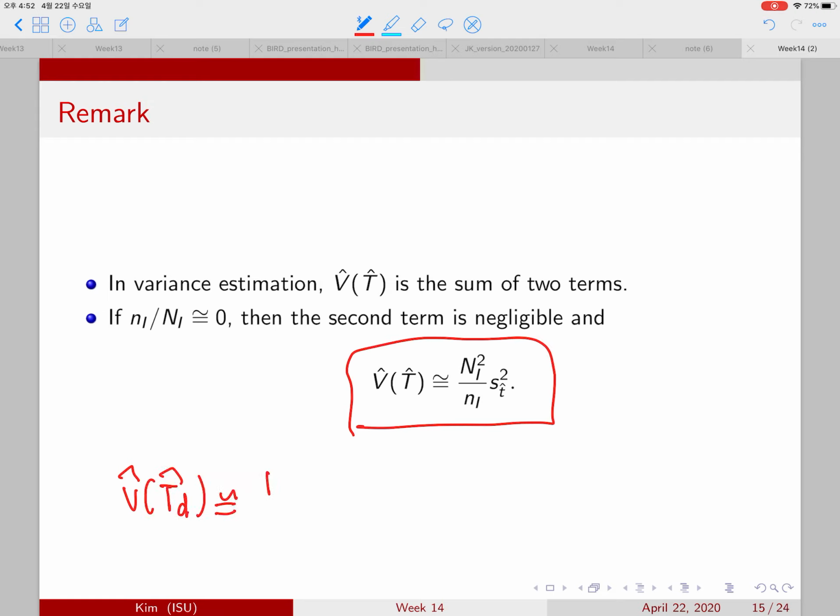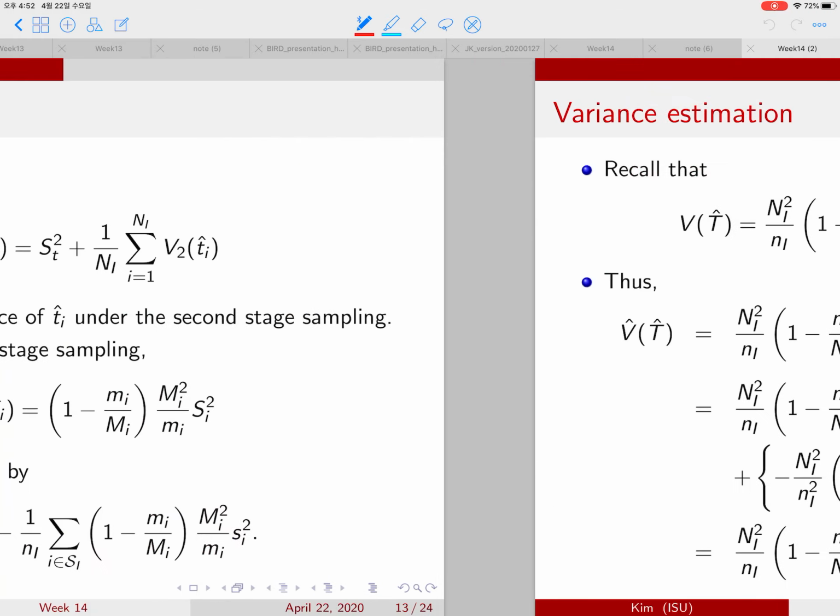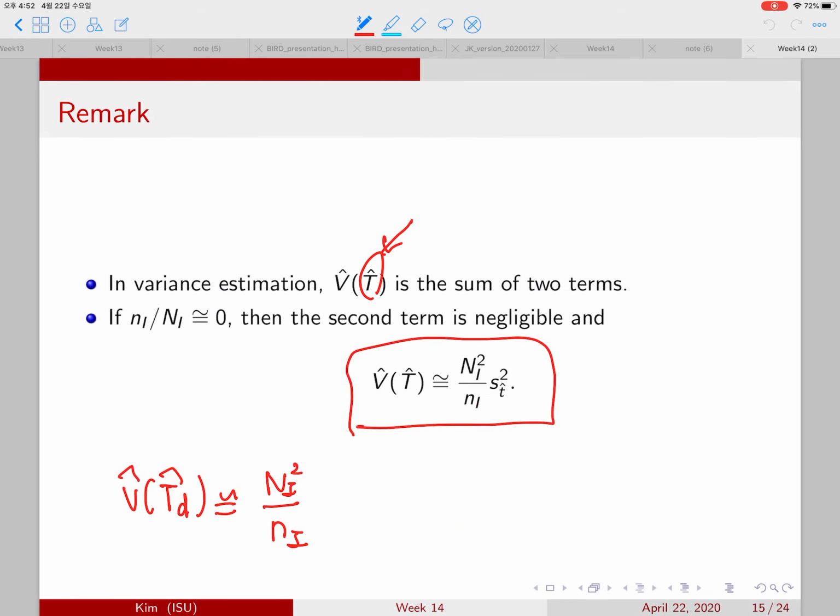Well, that's basically this one. Here t hat is N over n times the sum over the sample of clusters of t hat i.